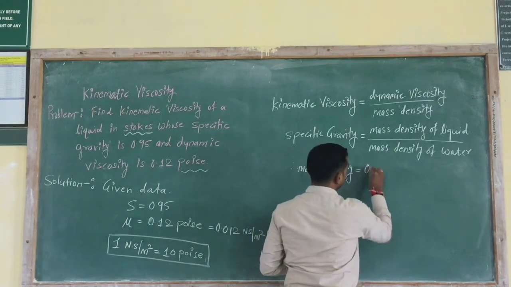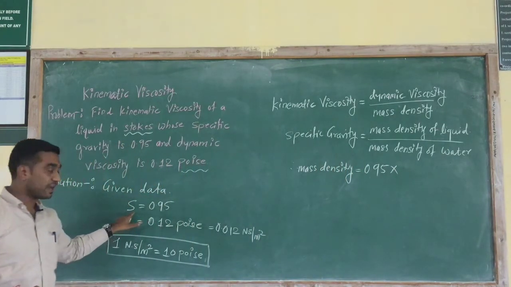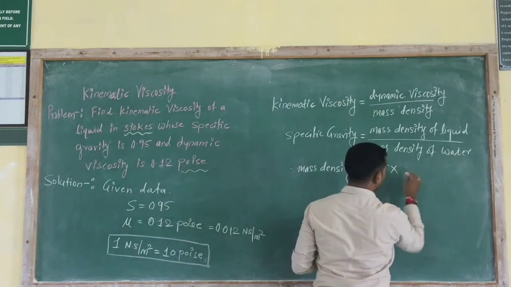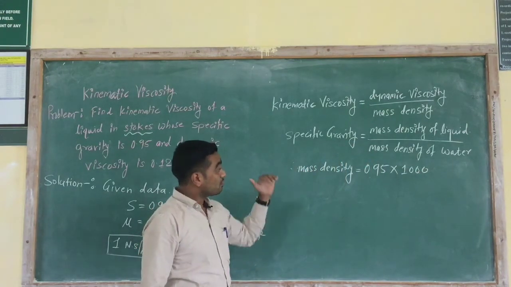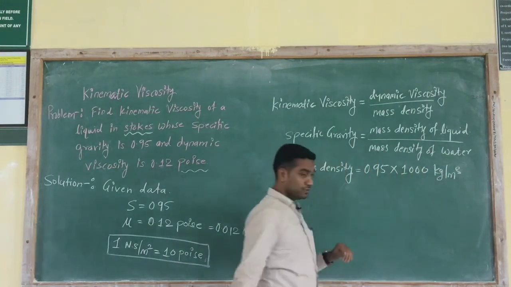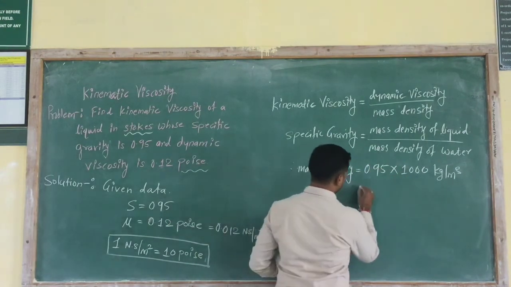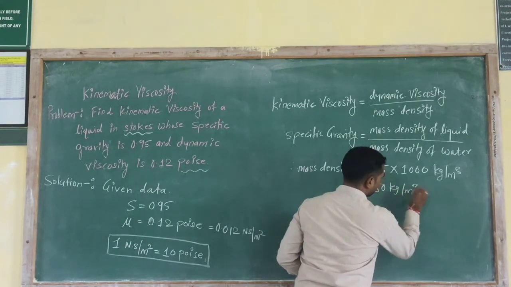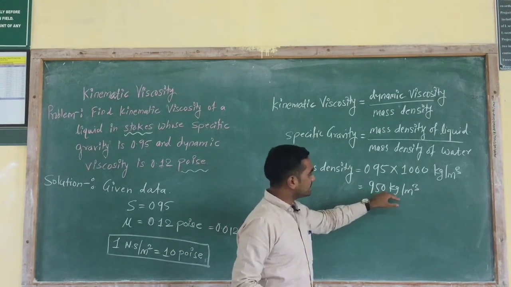Here the specific gravity is 0.95, into mass density of water, which is 1000 kg per meter cube. Therefore, mass density of liquid is equal to 950 kg per meter cube.